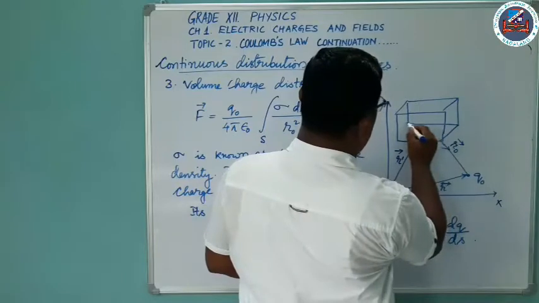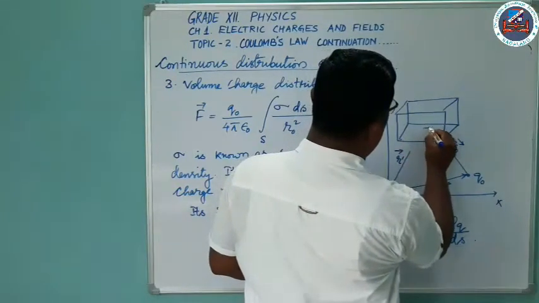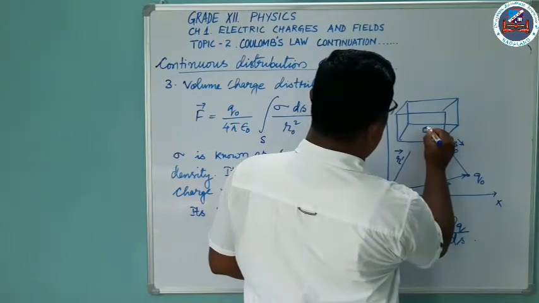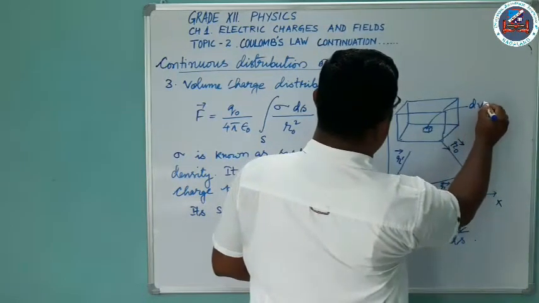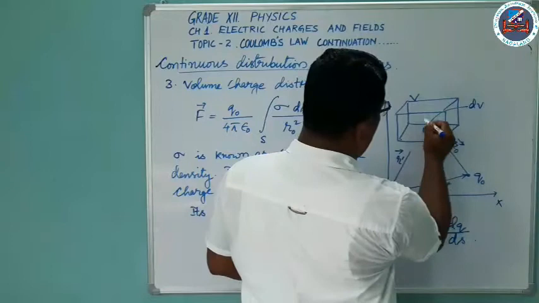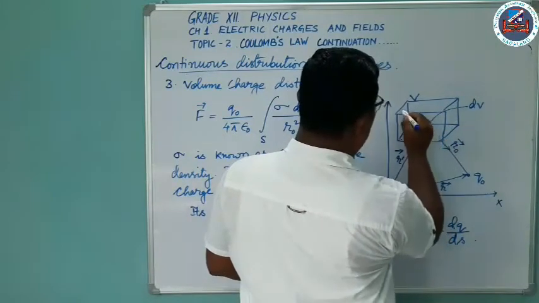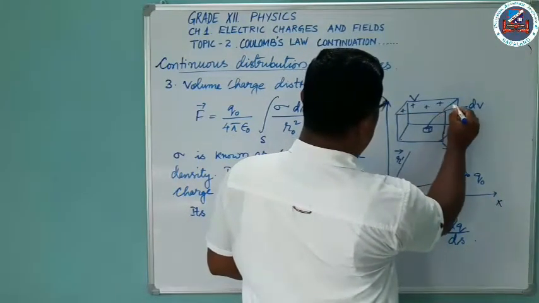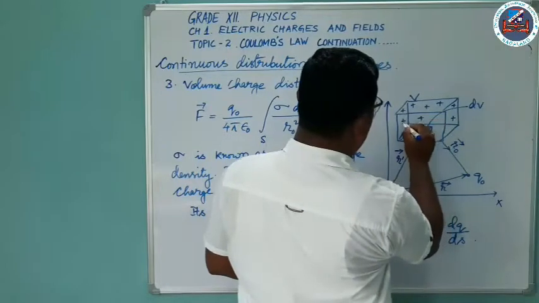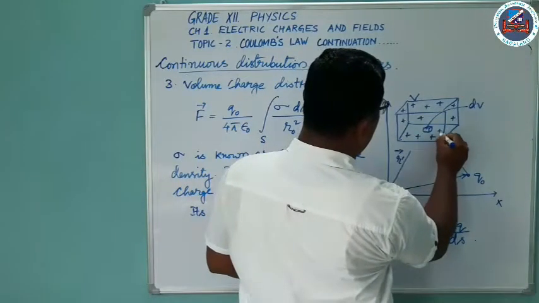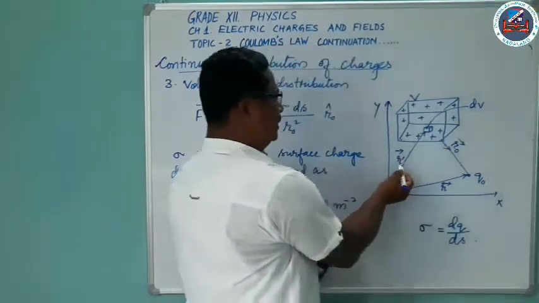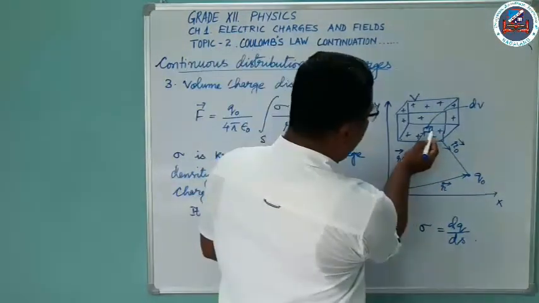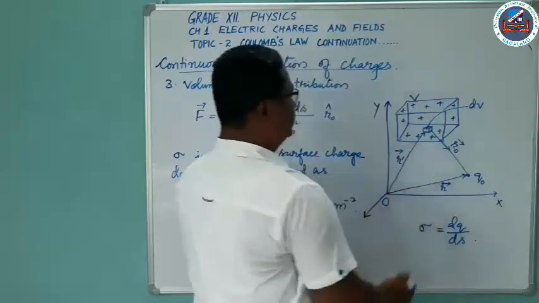Suppose you took a small portion of it, and this volume will be called dV. The small volume is dV, and the whole thing is V. Here also the charges are spread in all directions and all regions. This unit vector I am keeping the same, r dash. Here the vector will be r naught.